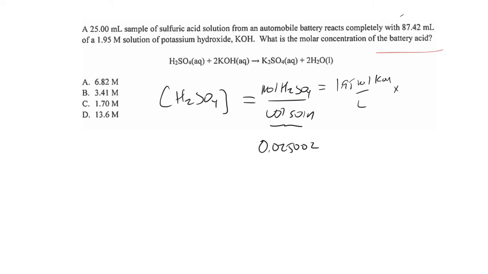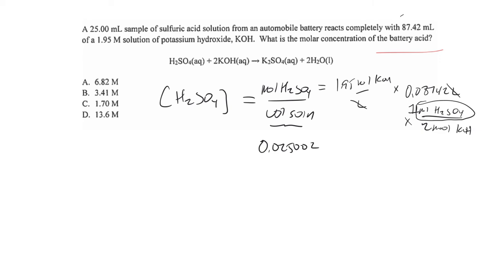And then I use 0.08742 liters of that solution. And then for every 2 moles of KOH we had to add, that means there was 1 mole of H2SO4 present. So I've gone from moles per liter times liters to moles of KOH, and now converting to moles of H2SO4 that are present.